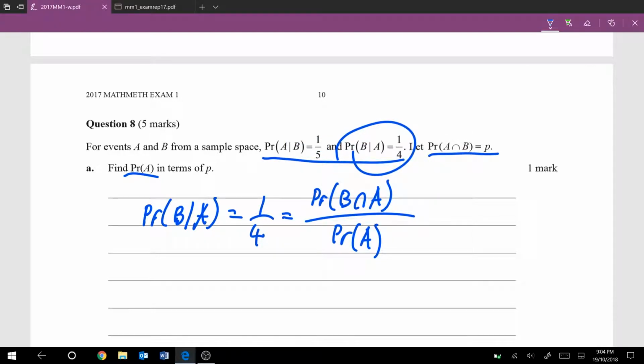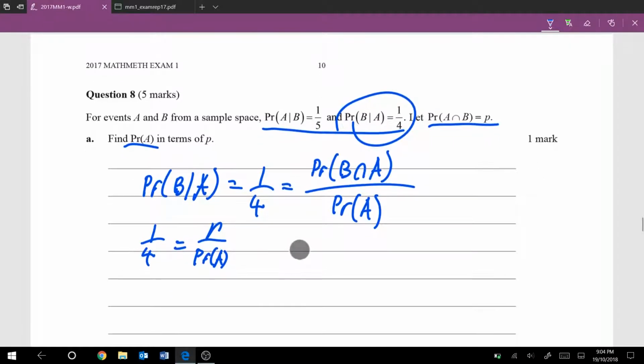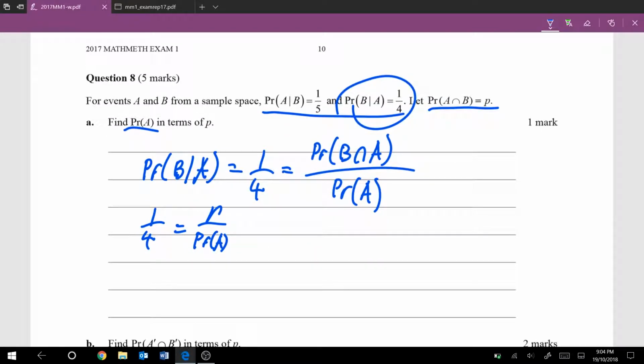So we have a quarter equals P on the probability of A. So now we just need to solve for the probability of A. We can cross multiply, or we can just times both sides by the probability of A. So we get a quarter of the probability of A equals P. So the probability of A equals 4P.